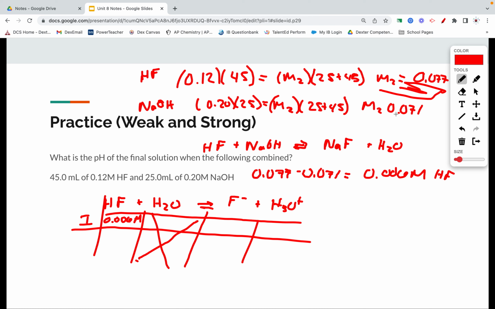Now, this is how much sodium hydroxide we started with. It's going to react until all the sodium hydroxide is made into water and sodium fluoride. So the amount of sodium fluoride we have is how much sodium hydroxide we started with, because all the sodium hydroxide becomes sodium fluoride, and we have 0 of hydrofluoric acid to start with. So the change is going to be plus A. Oh, sorry, this should be minus A because we're losing it. And this should be plus A.